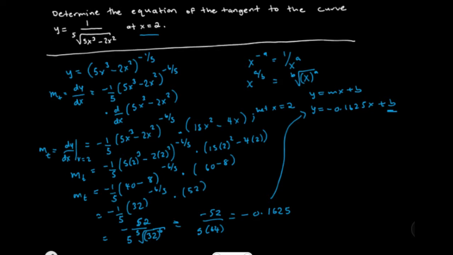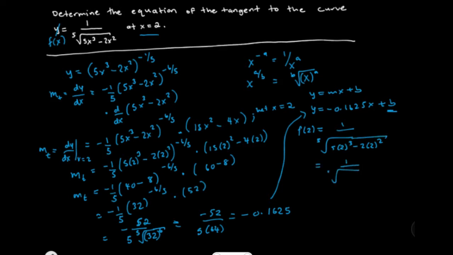Let's pretend that this is f of x. We're going to plug x equal to 2 into the equation to solve for a y value that we can plug in. So f of 2 here is equal to, I'm just going to call this f of x for the time being, it's the same thing, 1 over the fifth root of (5 times 2 cubed minus 2 times 2 squared).